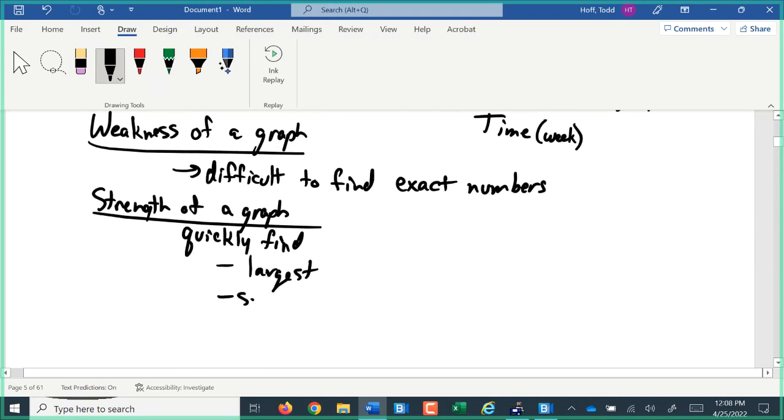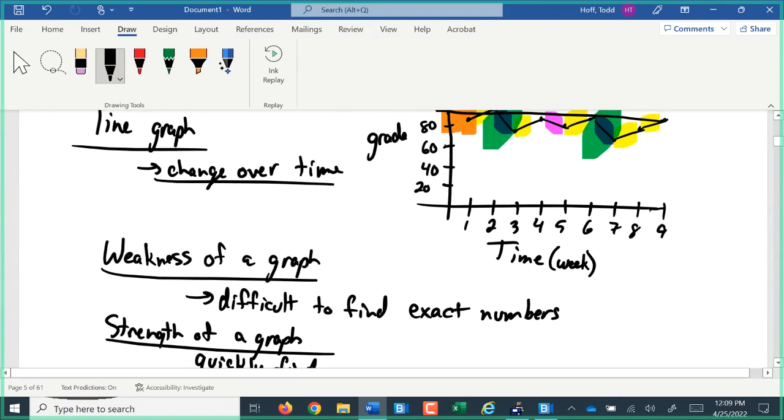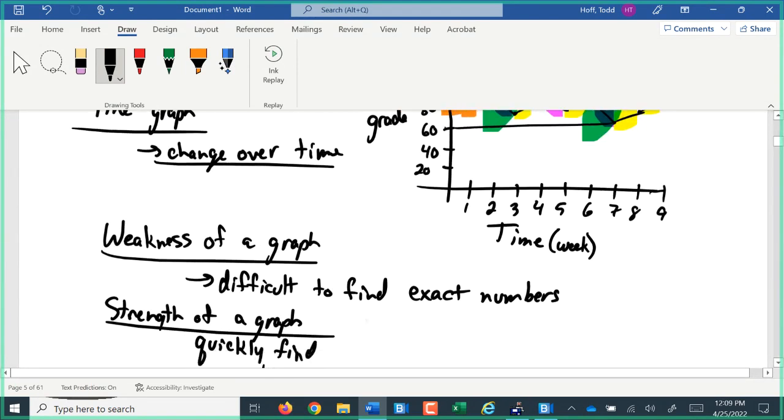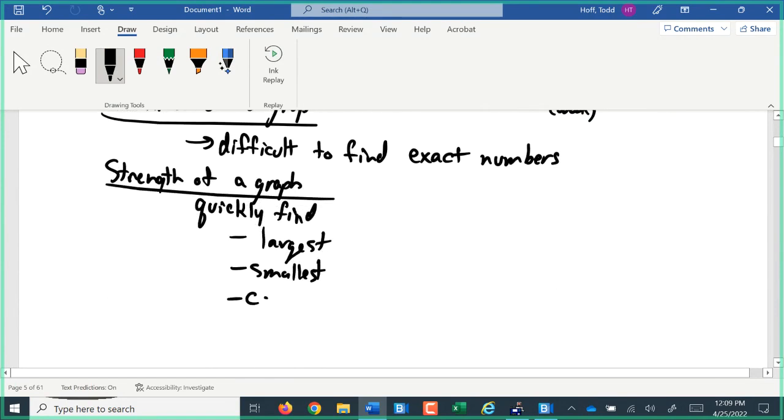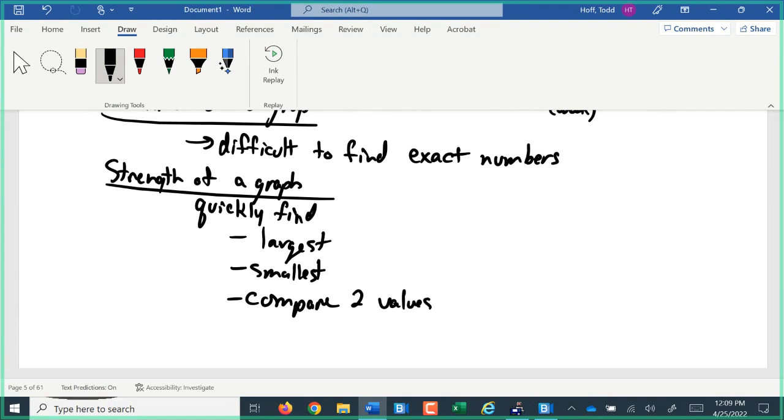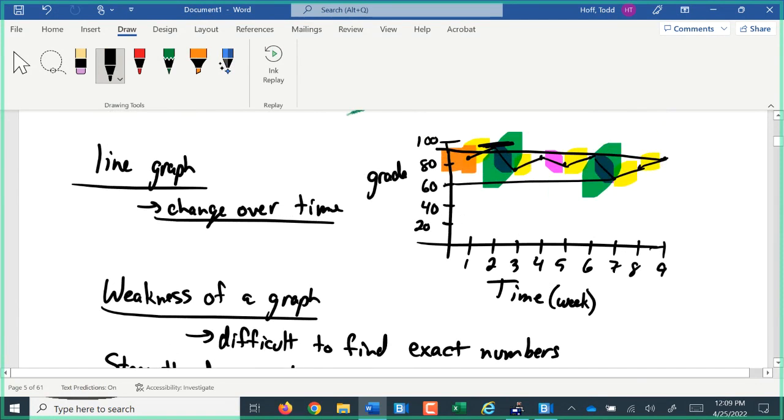Smallest values. Again, we could very quickly see that this is your lowest score on the graph there. And we can compare too. If we look up here, we can quickly see that, well, you did better in week 4 than you did in week 7.